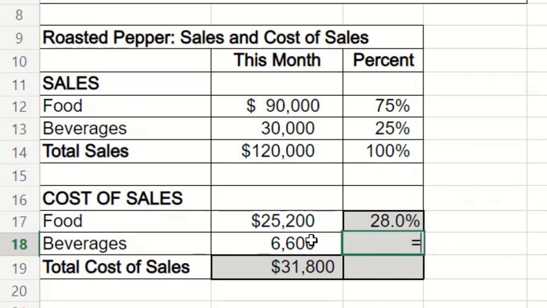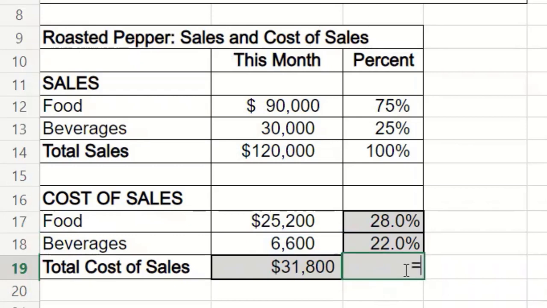And if we take our beverage cost and divide that by the $30,000 in beverage sales, okay, we get a 22% cost for that.